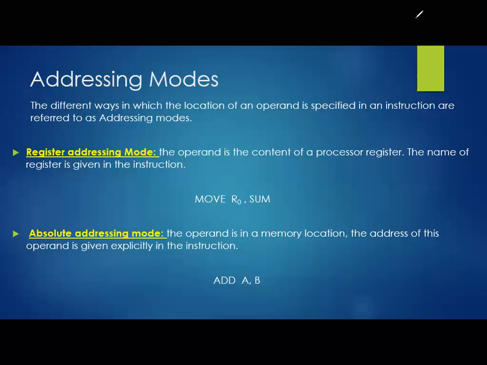So first we have the first variety, which we call register addressing mode. Be careful, students, just observe the name: register addressing mode. We are discussing the topic of addressing mode along with the register. Now we'll go through this.